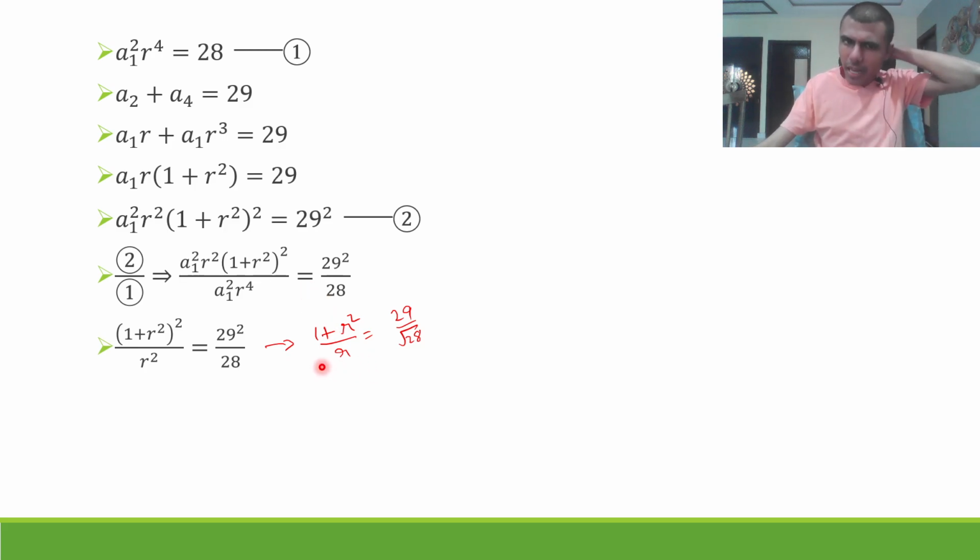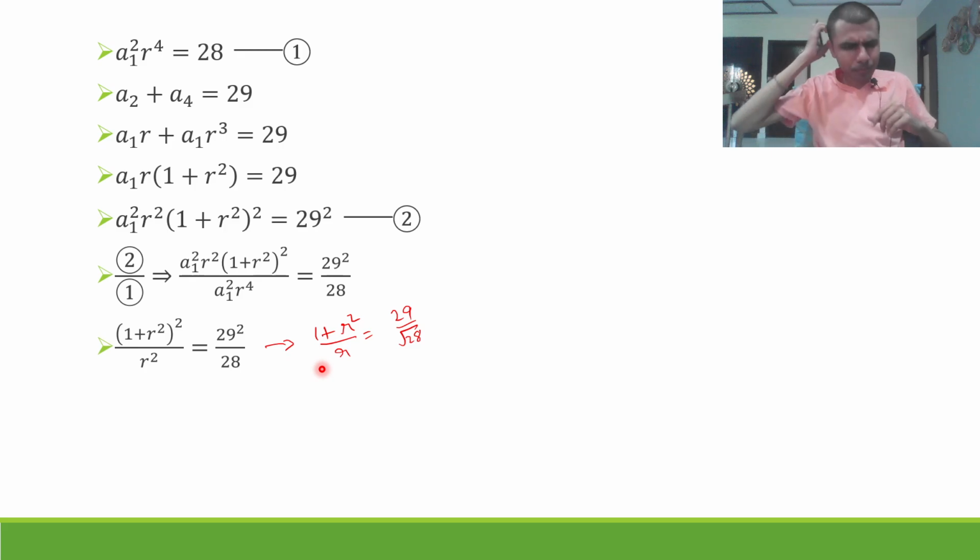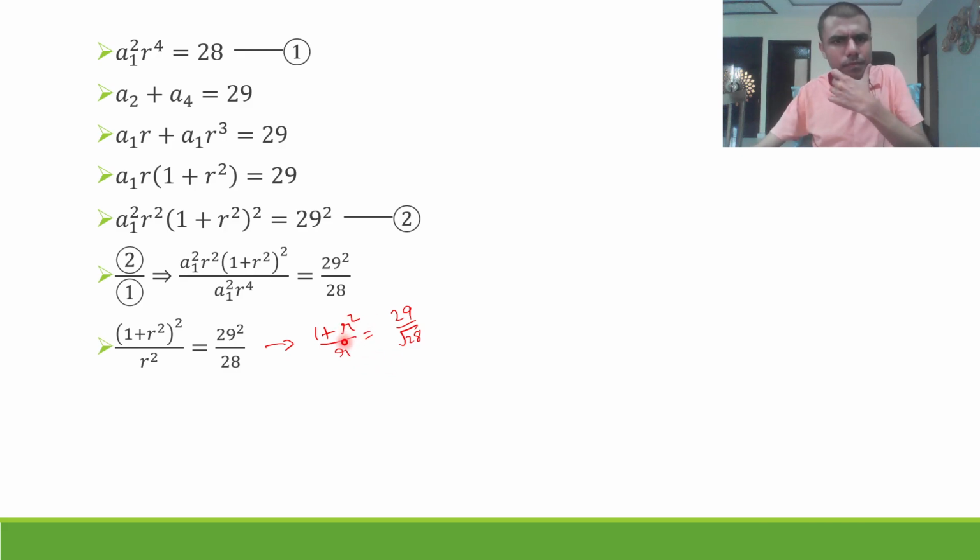Now just analyze this. As soon as you see this equation, some people will just do cross multiplication and start finding the roots of the quadratic equation, which is okay, but is there another option? We can try it, right? See, 1 plus R square by R is 29 by root 28. For example, just guess. If R is root 28, then root 28 square will be 28. 28 plus 1 is 29.